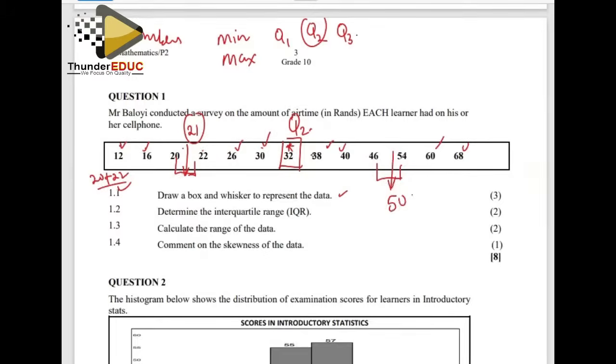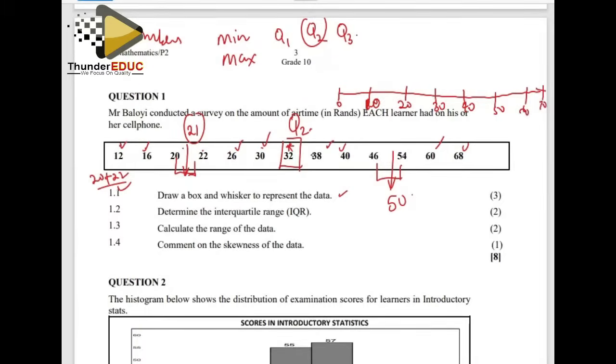Okay, so if I'm to draw my box and whisker, remember it needs to be on some sort of a ruler or a line. If I use intervals of 20, will it make sense? No, 20 is too small. Let me use 10, 20, 30, 40, 50, 60, and probably 70.